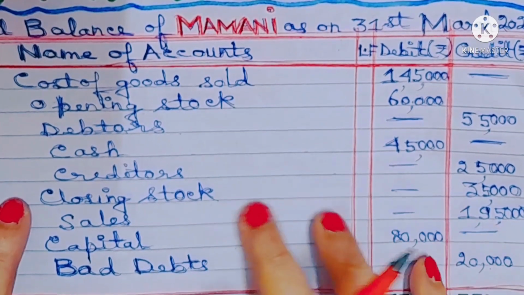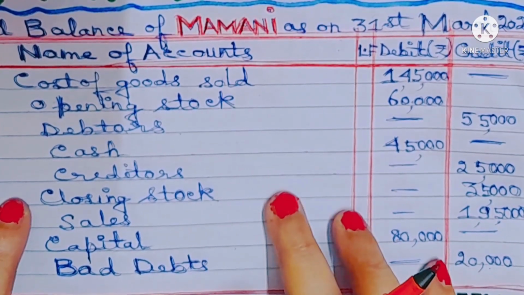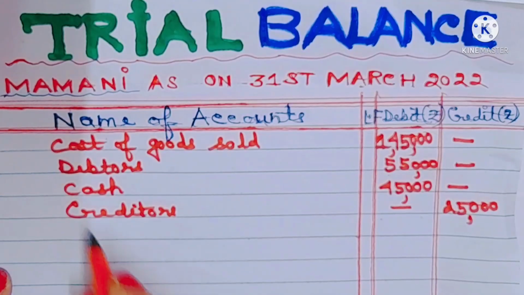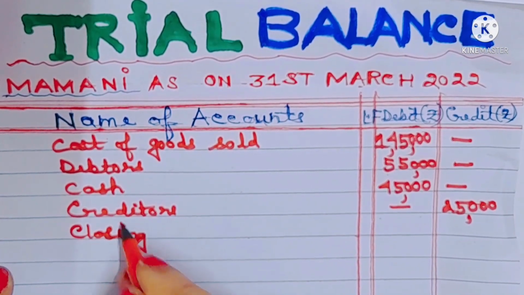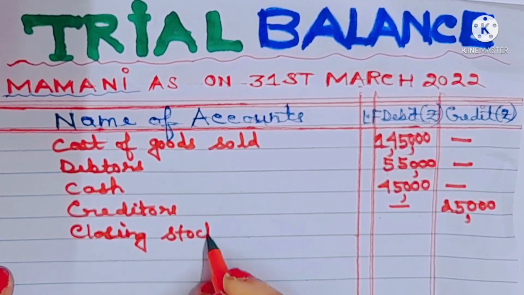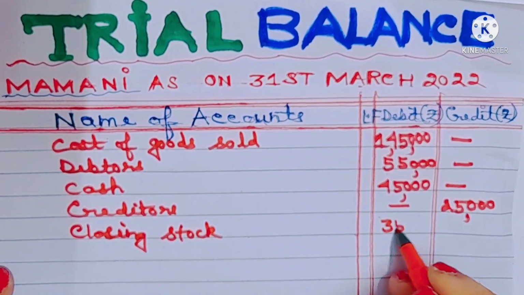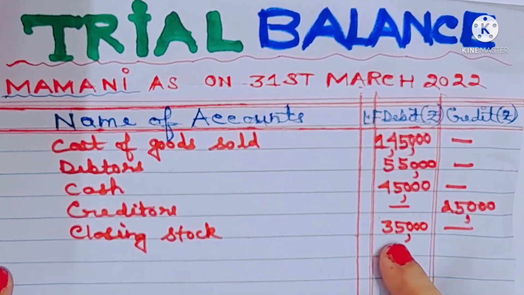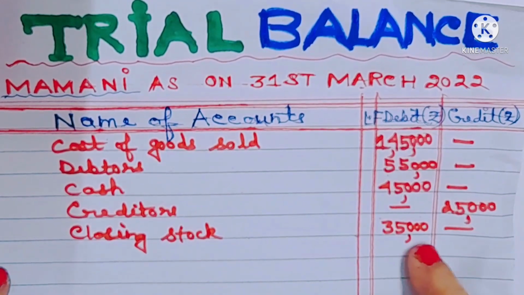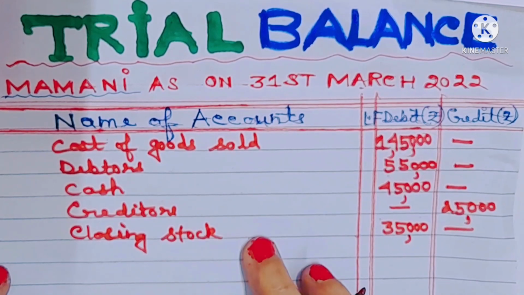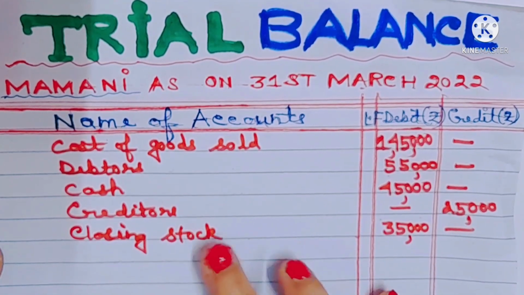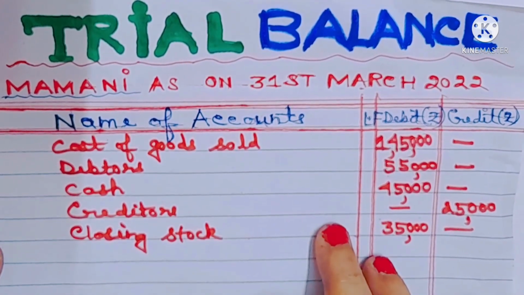So let's rectify closing stock by writing 35,000 in the debit column. Closing stock has a debit balance and that is the reason we have written 35,000 in the debit column because closing stock is an asset. That is the reason closing stock has a debit balance.